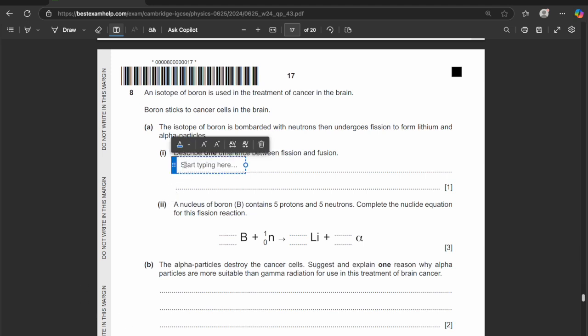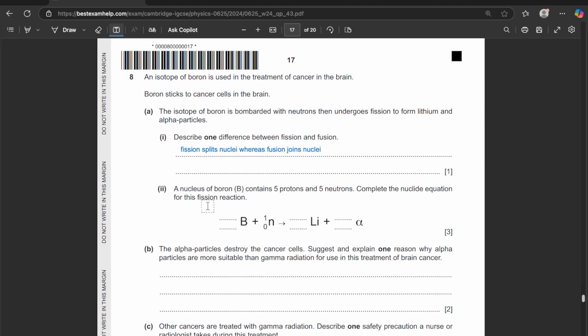I have to think of the most important one, which is that fission splits nuclei, whereas fusion joins nuclei. So I have to think about more than one nucleus, in plural form.